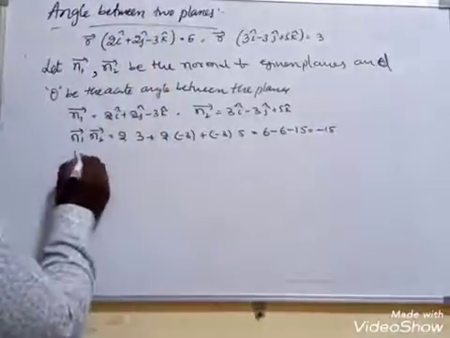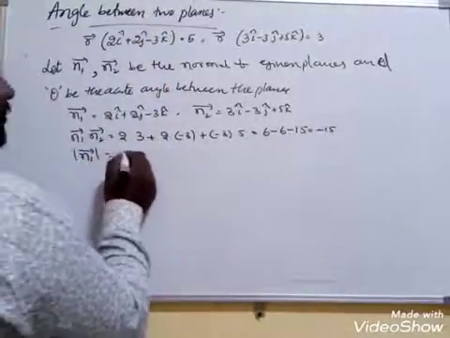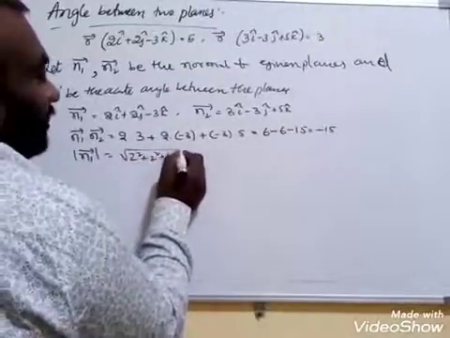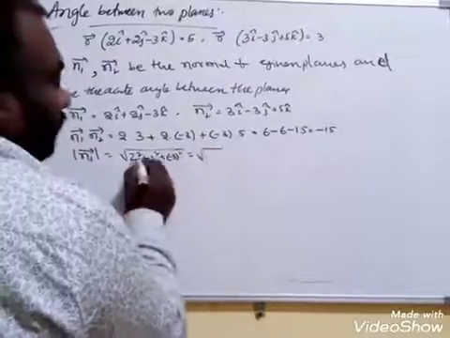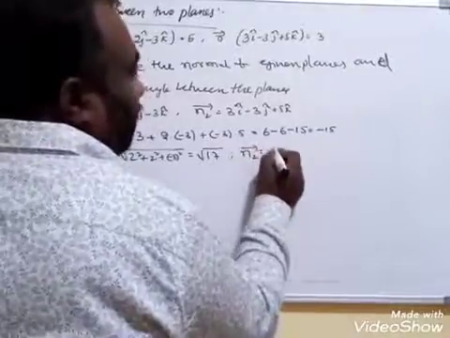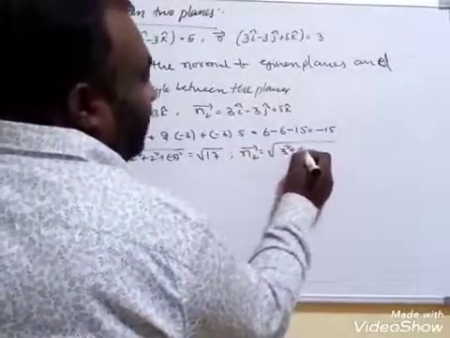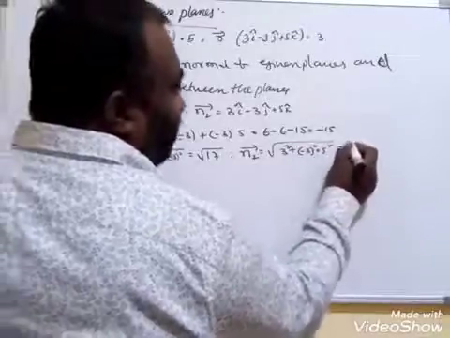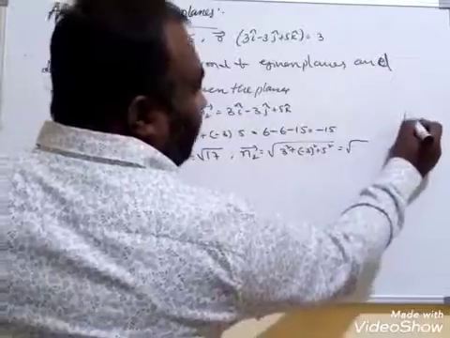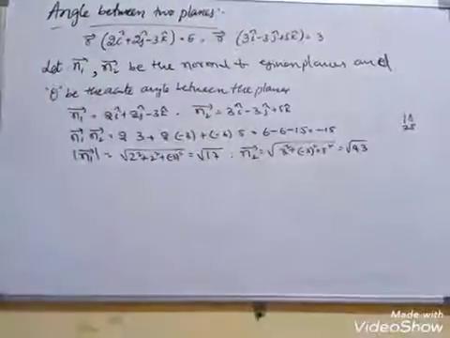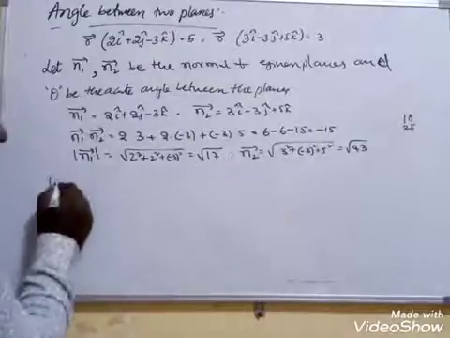And for modulus of n1 bar, it is root of 2 square plus 2 square plus minus 3 whole square, that is root of 4 plus 4, 8, plus 9, 17. And modulus of n2 bar is root of 3 square plus minus 3 whole square plus 5 square, that is 9 plus 9, 18, plus 25, 43, root of 43.